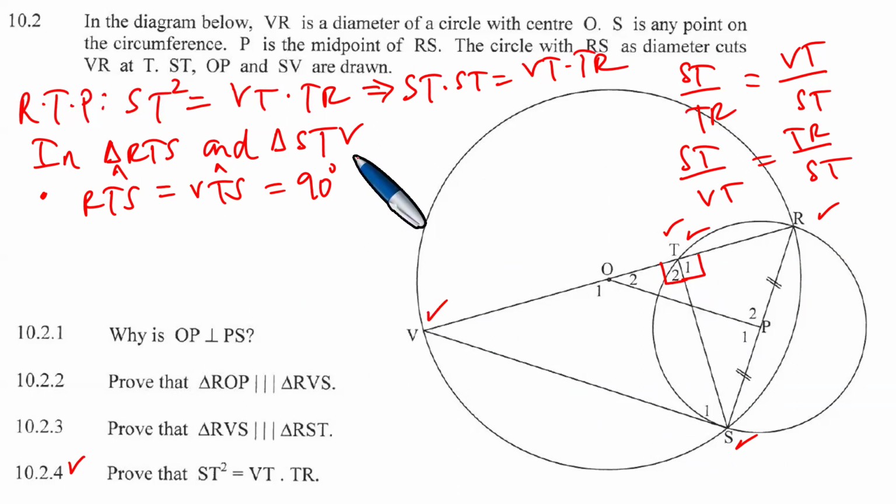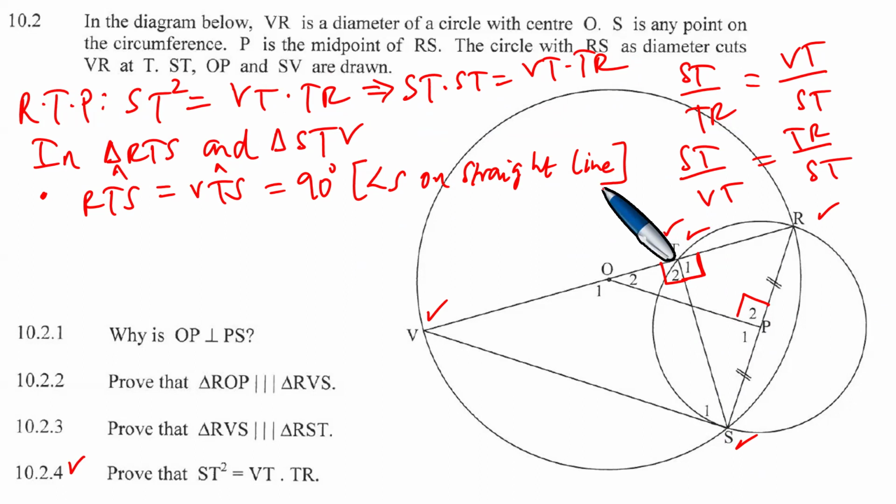The reason why they're both 90, because already you know that P is the midpoint, etc. And you were also told that RS is the diameter. If RS is the diameter, it subtends an angle of 90 degrees. If this one is 90 then that one must be 90, because they are adjacent angles on a straight line. These are angles on a straight line, right?